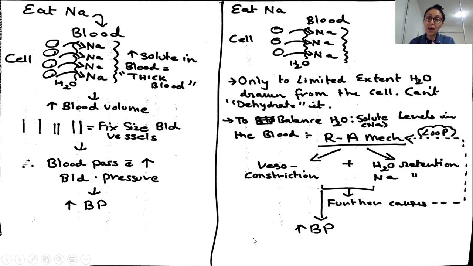Now that you have retention of not only water but also sodium, this sodium will further activate the renin-angiotensin mechanism, and this will keep running in a loop. Does that make sense? This mechanism running in a loop chronically over a prolonged period of time results in chronic hypertension.